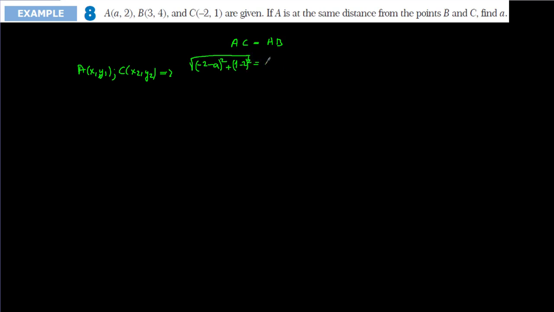It has to be equal to the square root of, if you name A as x1, y1, then B should be x2, y2 in the AB distance. So if I write this one here, B is x2, y2, so (3 minus a) square, plus (4 minus 2) square.